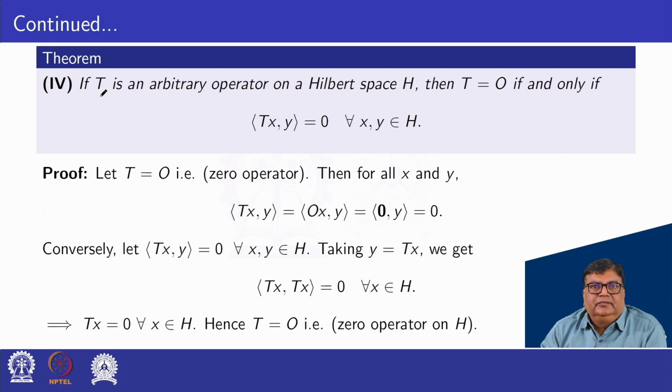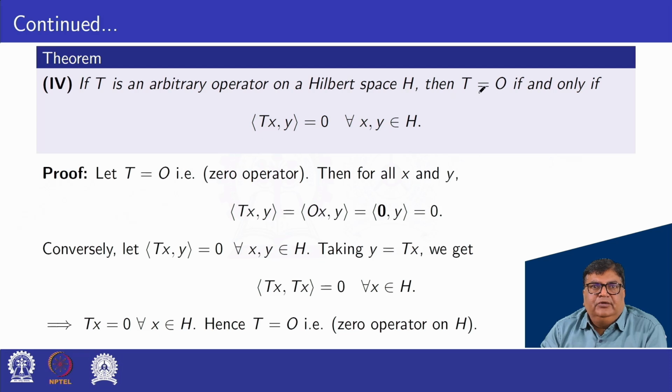Next theorem. If T is an arbitrary operator on Hilbert space H, then T = O, that is zero operator, if and only if inner product of (Tx, y) = 0 for all x, y belonging to H. Proof.